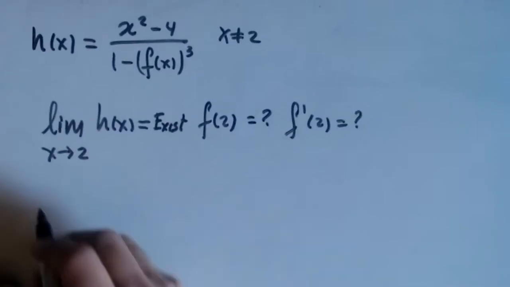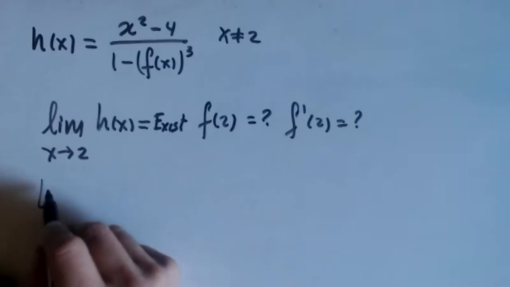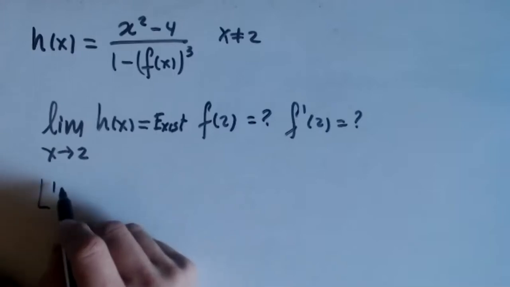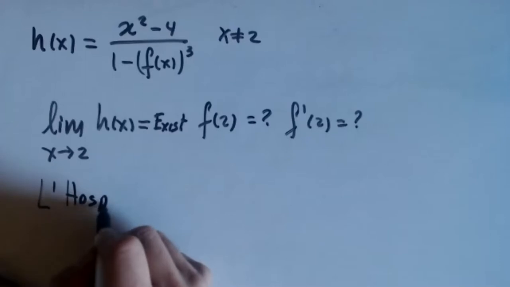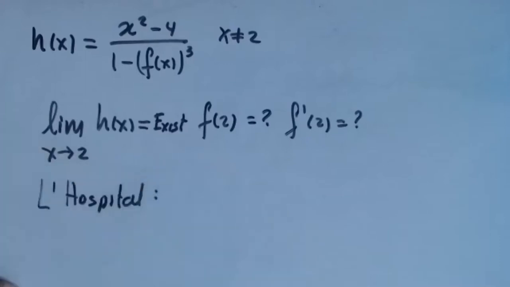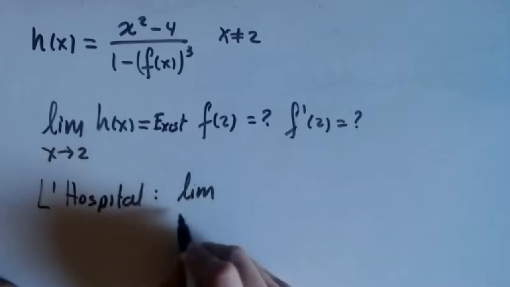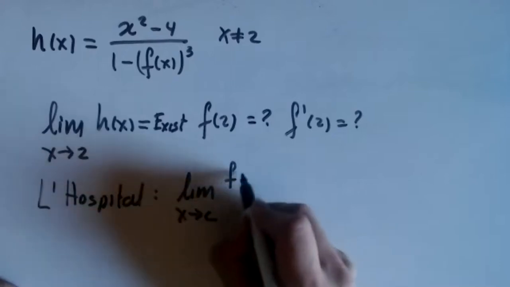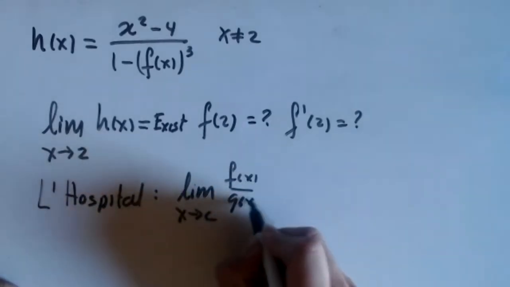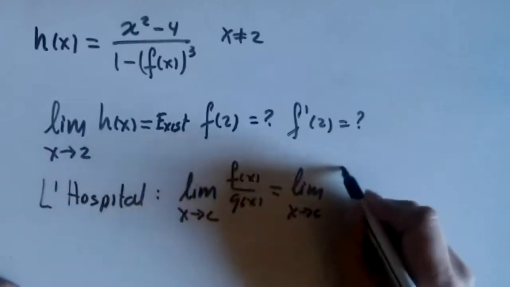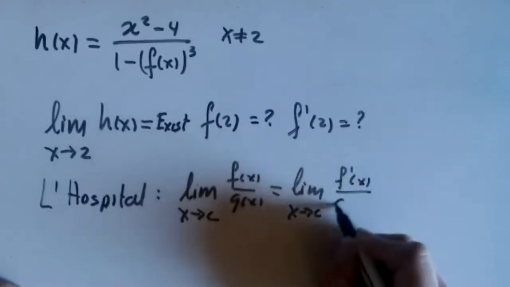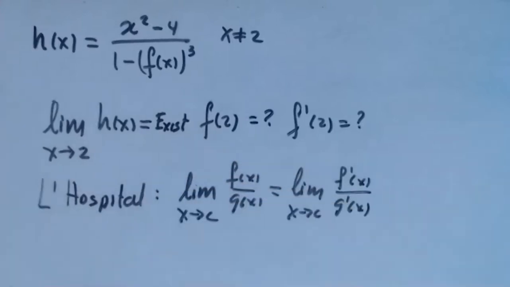Something important: the L'Hopital rule. What is the L'Hopital rule? L'Hopital means that the limit when x approaches c of f of x over g of x is the limit when x approaches c of f prime of x over g prime of x, correct?